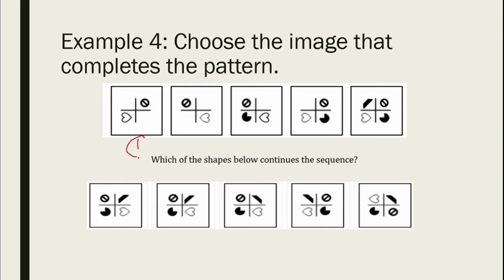If this is the first image, then this is the reflection, or if we flip that one, this is the image. This is the original and this is the image. So this is the original, and what would be the image?